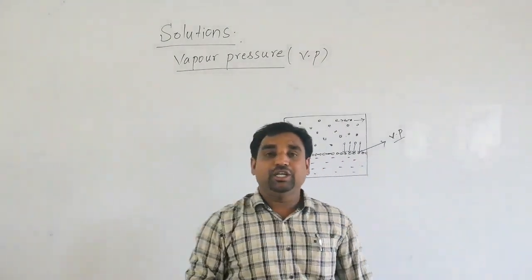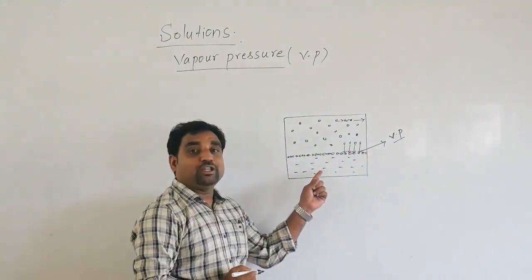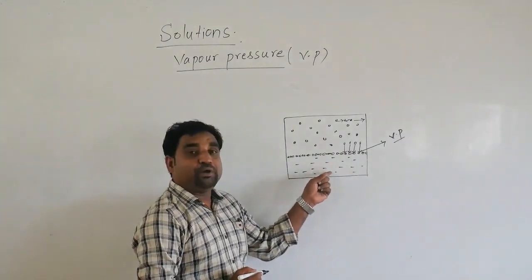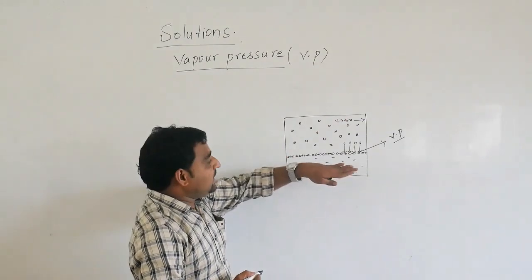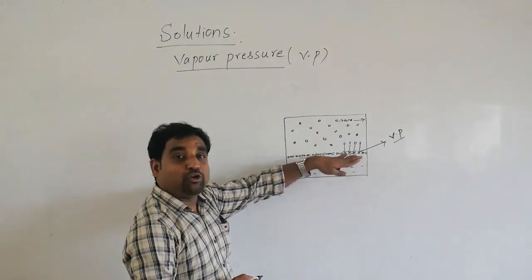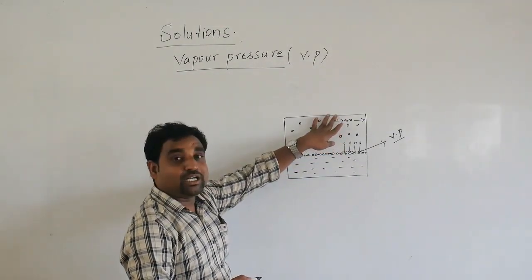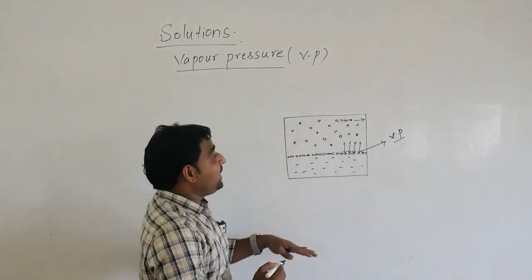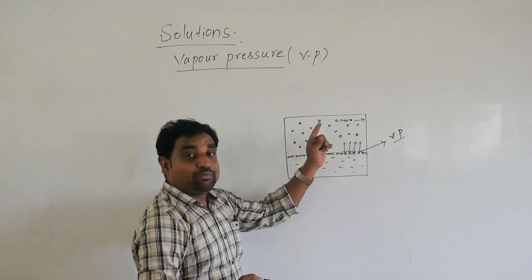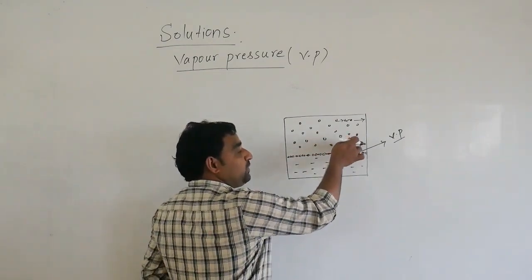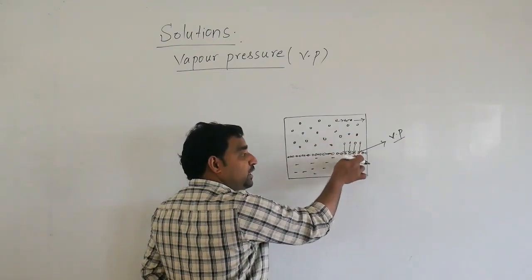So initially, when we take a liquid in a closed vessel, the evaporation process is there, but there is no vaporization yet. After some time, this liquid starts to evaporate and the vapor molecules collect over the solution. After some time, when the vapor molecules increase in the vapor phase, those molecules strike the surface and are converted into liquid.